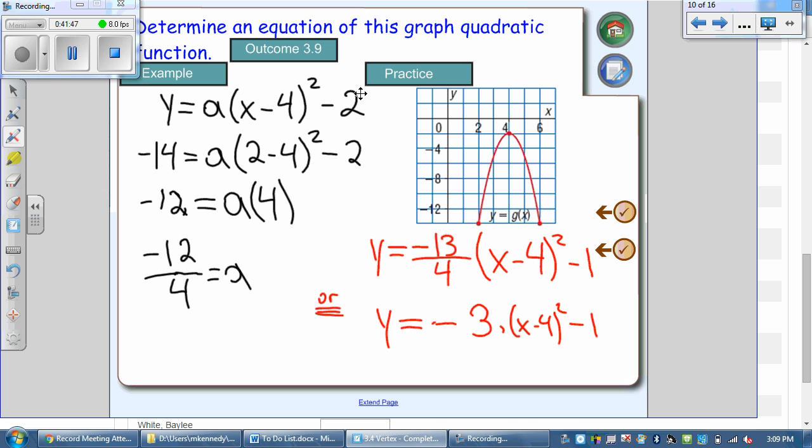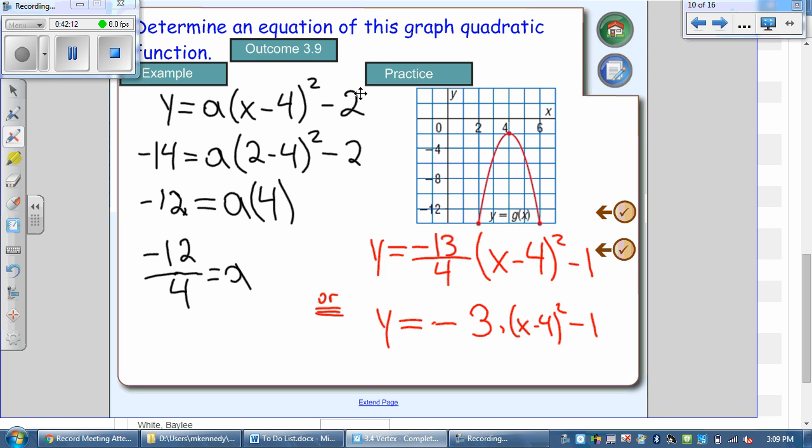Add 2 to both sides, and we get negative 12 is equal to a times 4. The 4 came because 2 minus 4 is negative 2, squared is 4. I picked a point on the graph, a point that they gave me.